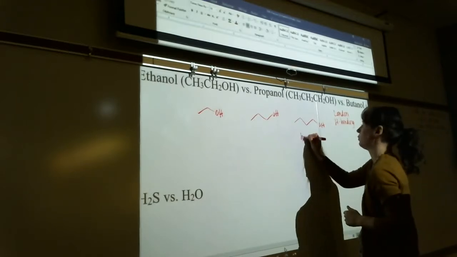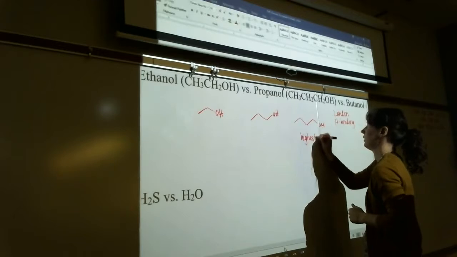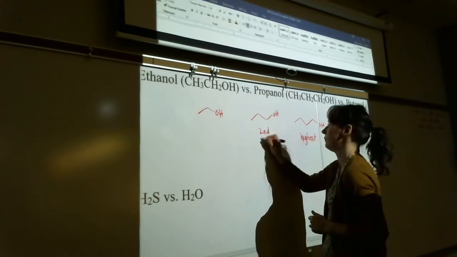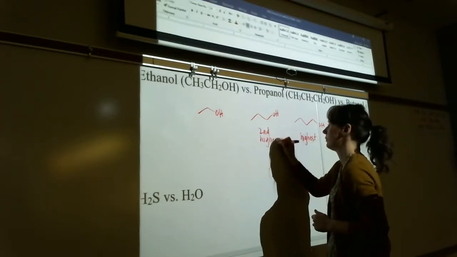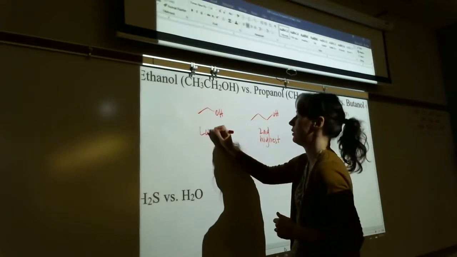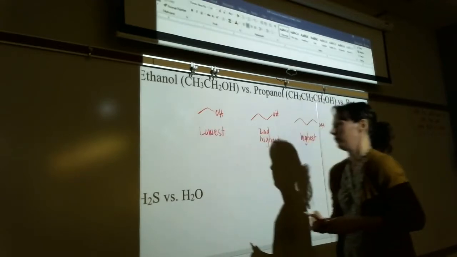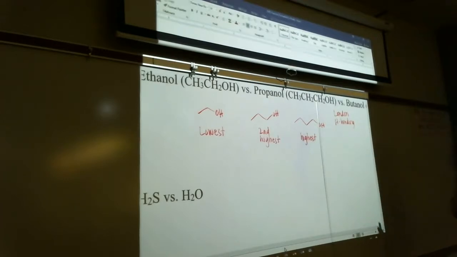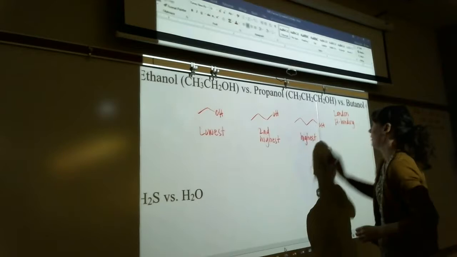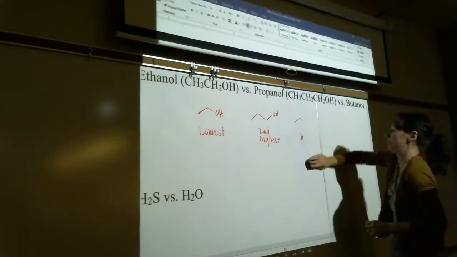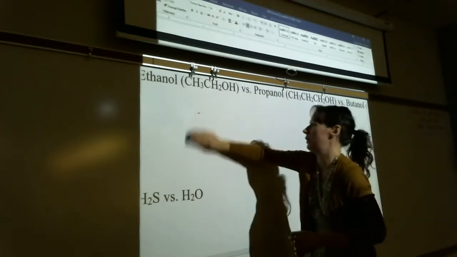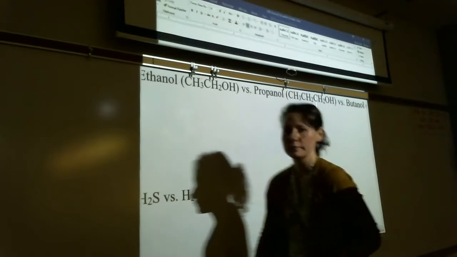So this one's the highest boiling point. This one is second highest. And then this one is lowest. Getting them right? All right.